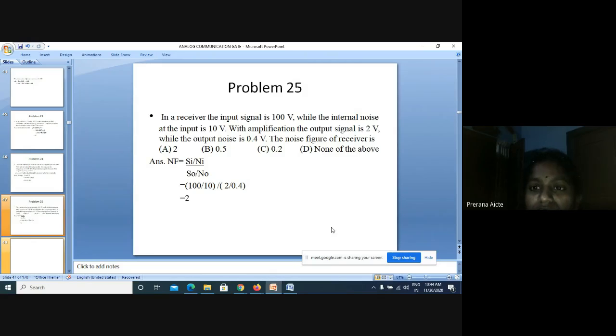This noise may arise internally or externally. We have different types of noises: thermal noise, Johnson noise, flicker noise, and then the external noises, which are due to thunder and similar sources.